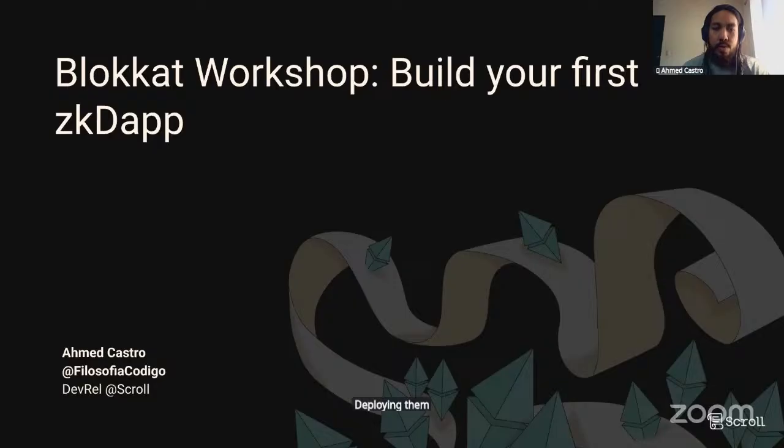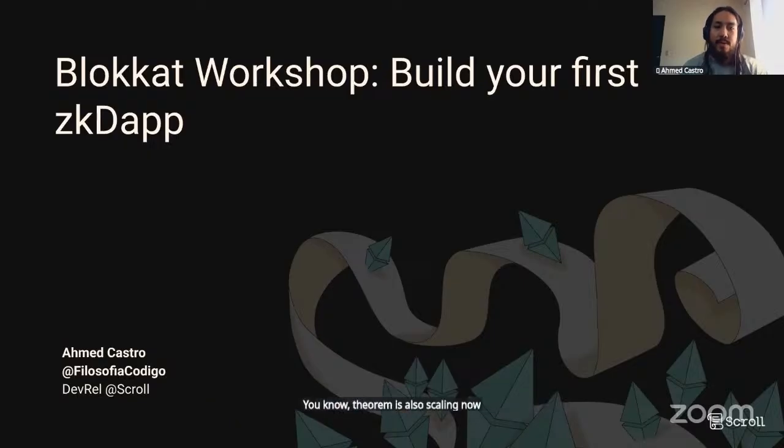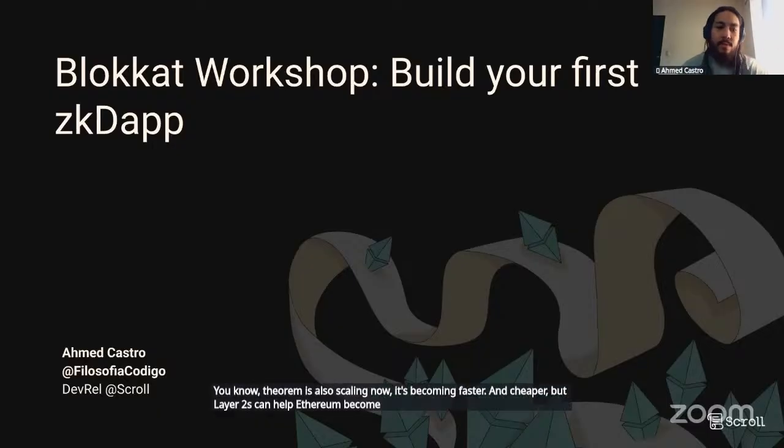As you may know, Scroll is a layer 2, so it serves for scaling Ethereum. Ethereum is also scaling now, becoming faster and cheaper, but layer 2s can help Ethereum become even faster and even cheaper, without sacrificing security. So that's what Scroll is.